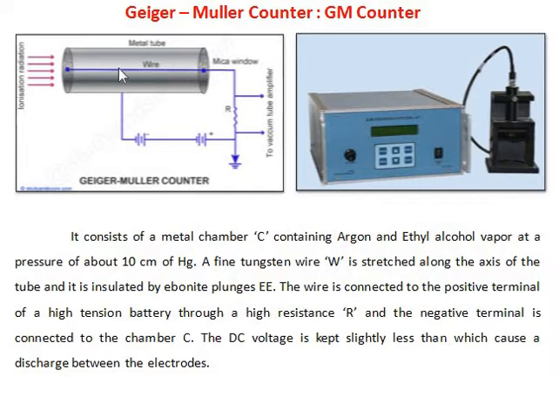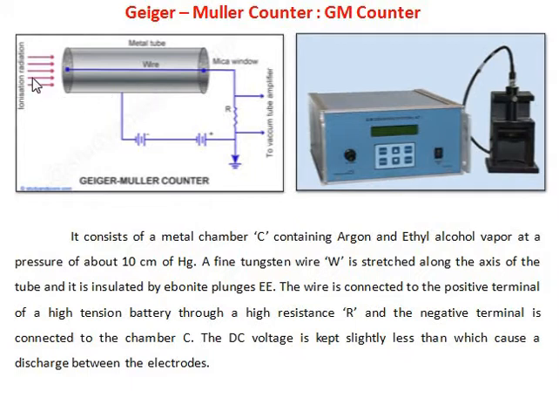Now this wire acts as an anode because it is connected to the positive terminal of the battery, and the outer cylinder is connected to the negative terminal of the battery. It acts as a cathode. The inner wall of the cylinder is coated with a pentavalent atom. What is the use of it, we will see later.